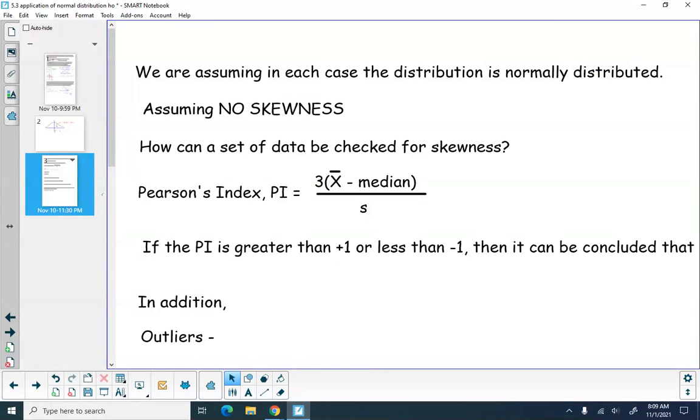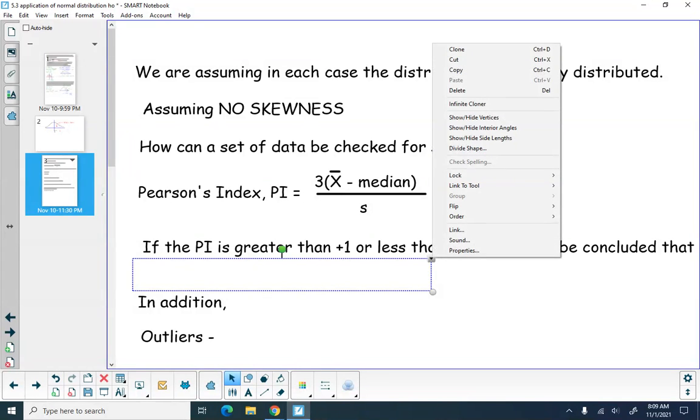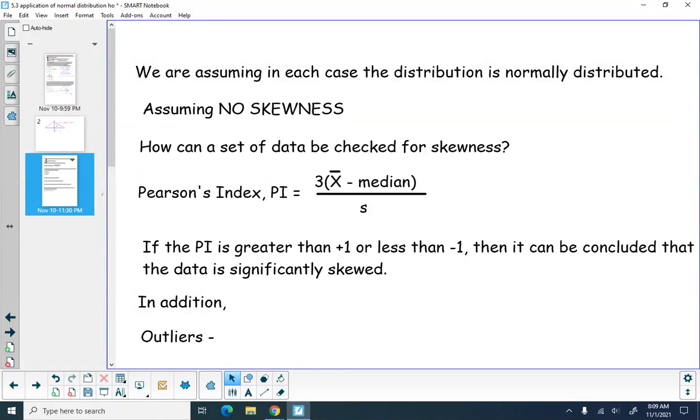And there are different levels of relativity here. That's a relative idea. If your Pearson's index is greater than 1 or less than -1, you can conclude the data is significantly skewed. So if you're greater than 1 or less than -1, you're going to get skewness.